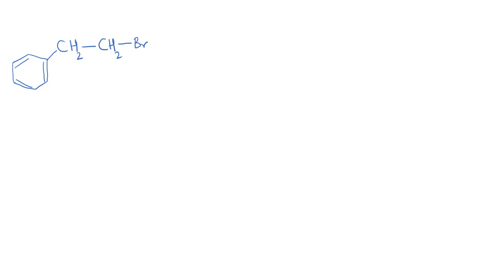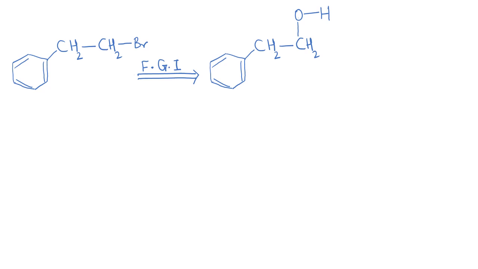Here we have an alkyl halide, and what we are going to do in order to make this compound is first FGI. So this alkyl halide is assumed to be formed from corresponding alcohol. So this Br is replaced by OH, and now we are using disconnection approach after FGI. So what we do is that we are using the lone pair of oxygen, and we attack on this neighboring carbon.